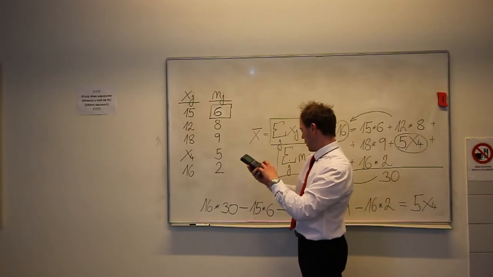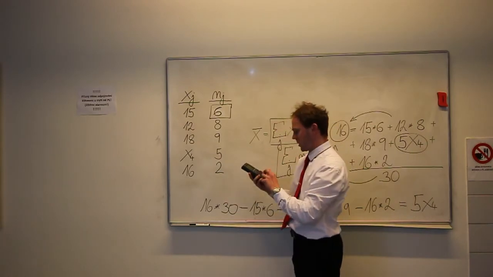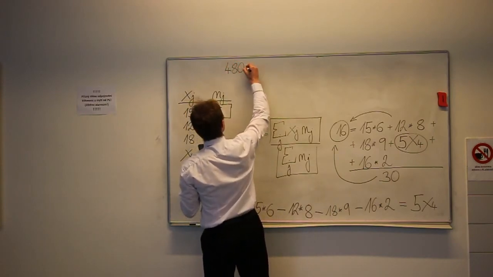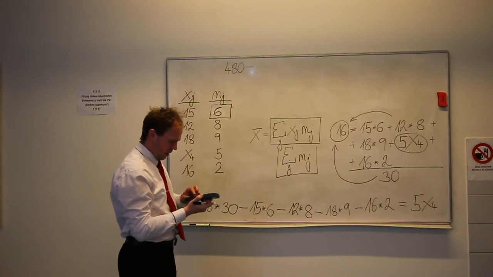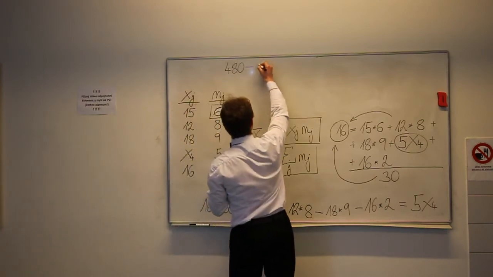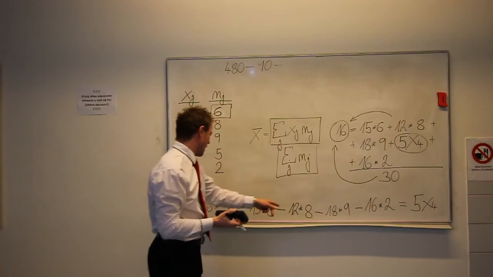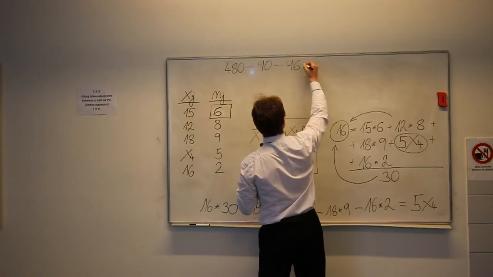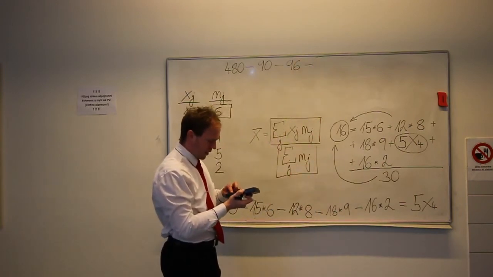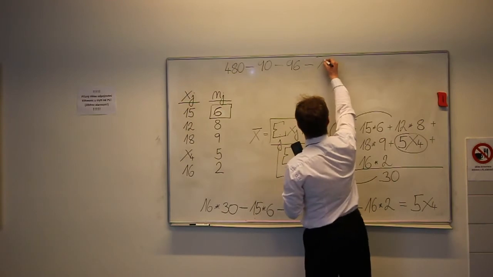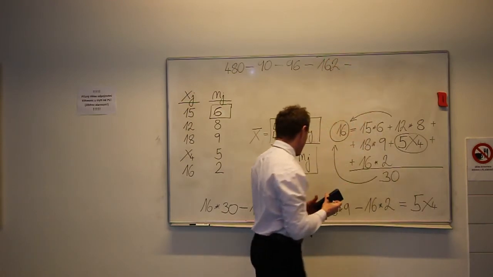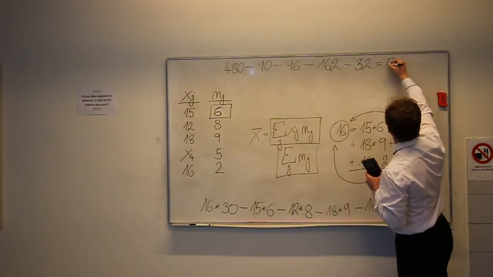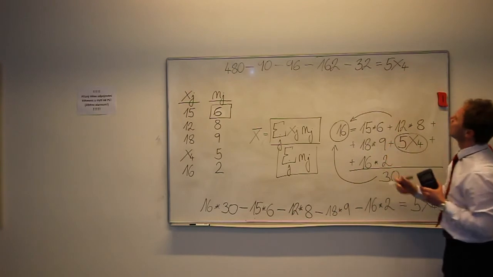So 16 times 30, 480. 480 minus 15 times 6, 90, minus 12 times 8, 96, minus 18 times 9, 162, minus 16 times 2, 32, this is equal to 5x4.